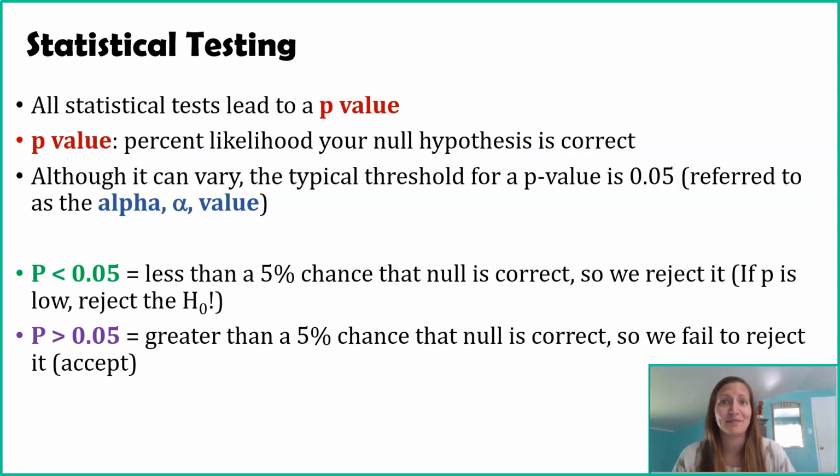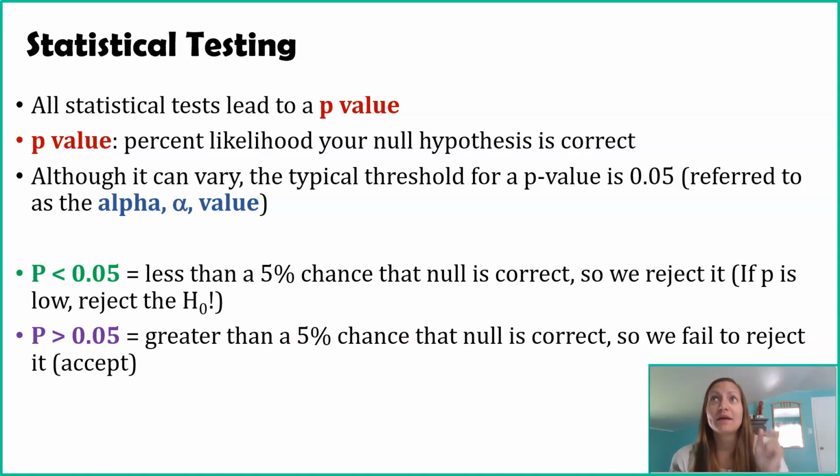We have not tested something 100% of the way. Science is meant to be disproven, so we don't like to accept things or prove things. So again, if it's greater than that threshold, we're going to fail to reject our null. More or less we're saying, okay, there's nothing going on here, or at least there's not enough data to support that anything's going on here.